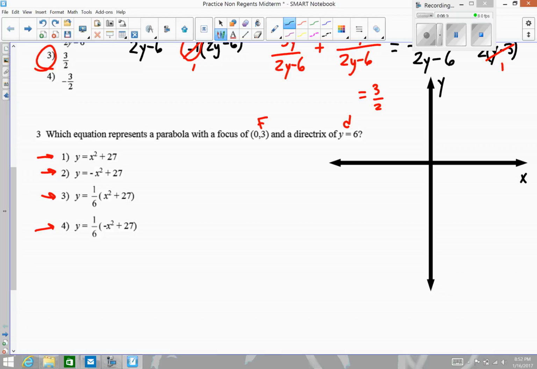And I can plot this focal point at 0, 3. So I'm going to estimate that 0, 1, 2, 3. There's my focal point. And I have a directrix at y equals 6. So it looks like I'm going to have a directrix 3 units above that focal point.